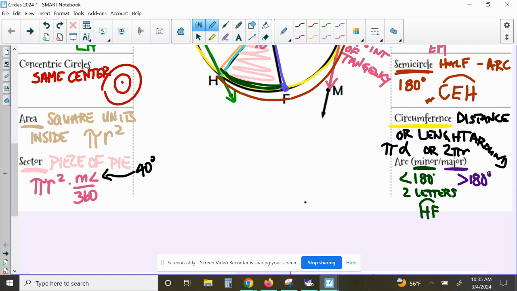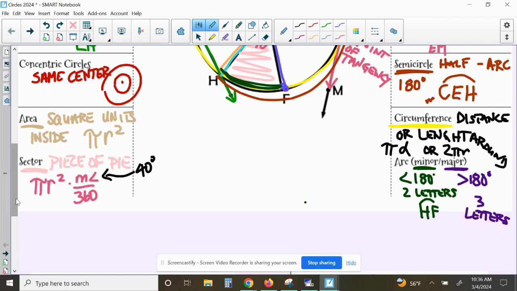So we need 3 letters. C-A-F. Okay, 3 letters. I'll scroll up and check it in a second because I can't see the picture on this board. Tell me when you're done writing that. Greater than 180, 3 letters. If you don't know the difference between greater and less than signs, you might want to put words by them. But minor, little; major, big deal, right?